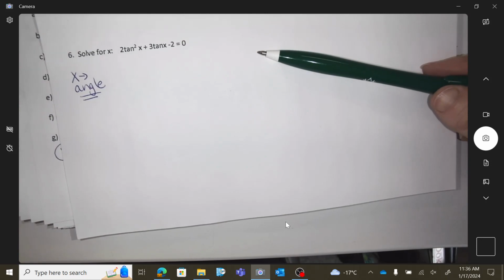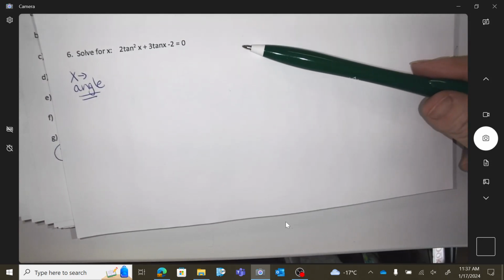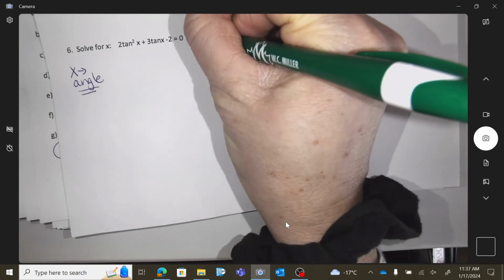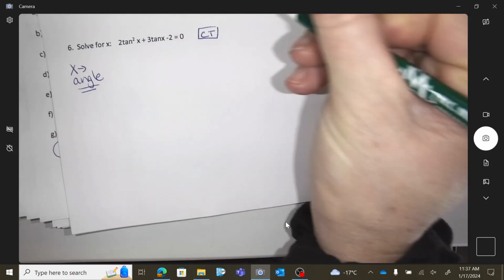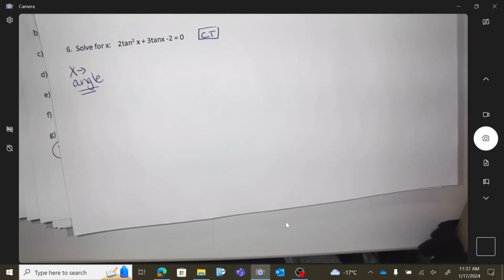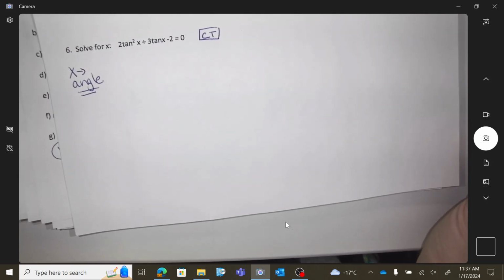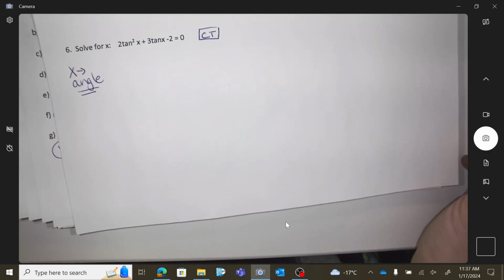You have a bunch of algebra strategies under your umbrella now. Anybody pick out what I should do? I did hear it. That's right, a complex trinomial. So I'm factoring. You can also use the quadratic formula if you're a pro at that and don't want to factor.